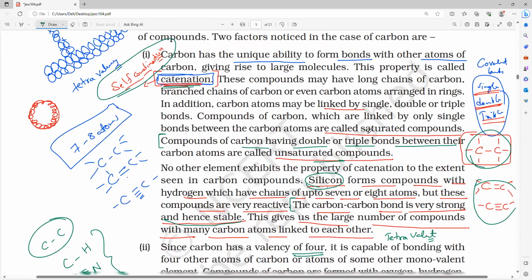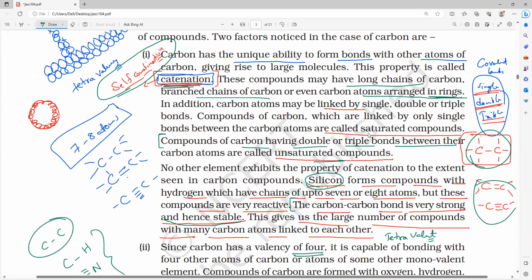Why is carbon very special? It can form catenation, it has tetravalency, and it can form single bonds, double bonds, and triple bonds. It can form branched chains. It can form straight chains. It can form what, everybody? Rings also. So it can be arranged in the form of branched chains or straight chains, or in the form of rings also.